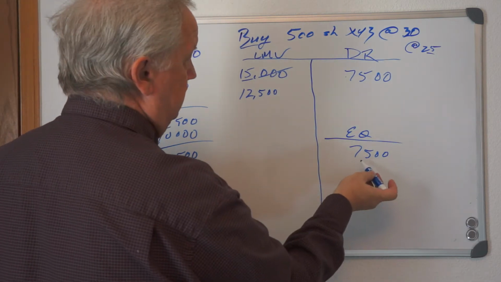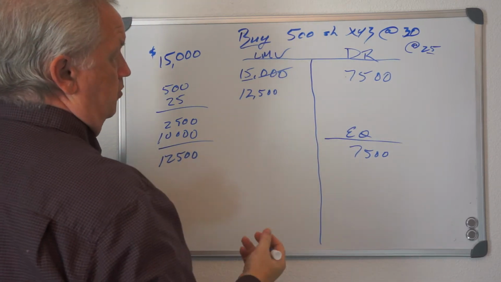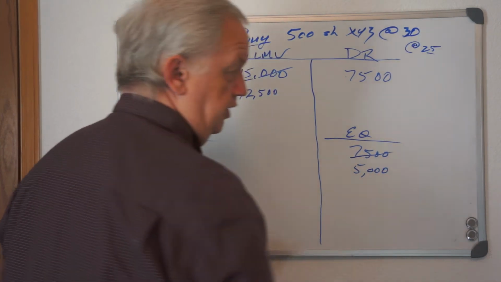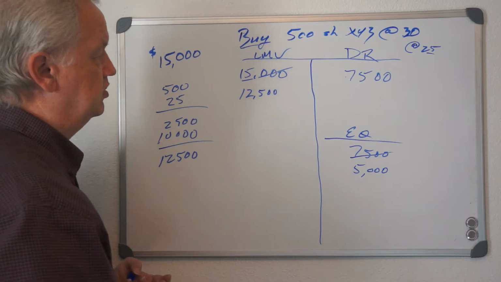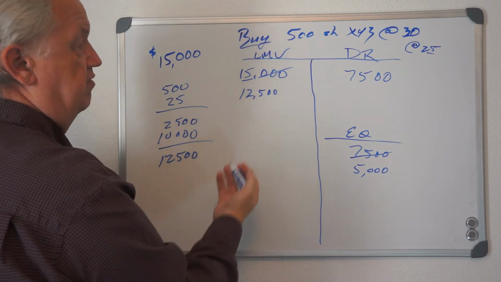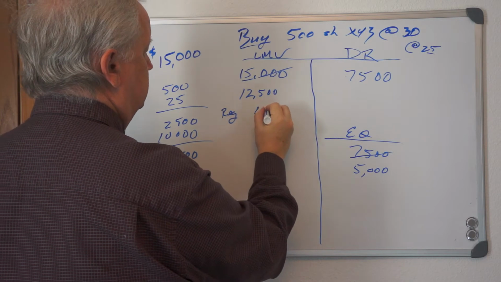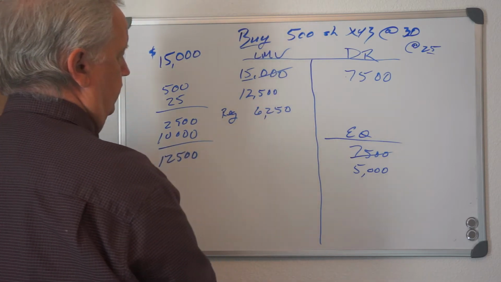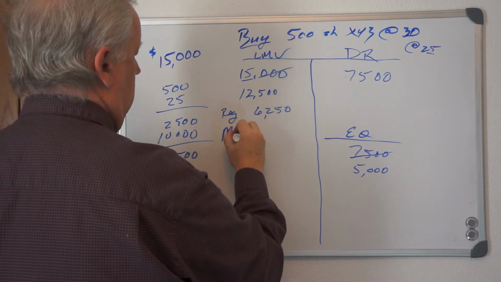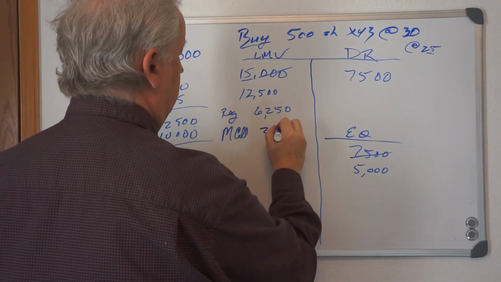So the equity is basically the long market value minus what is owed. How much does he have? Now he has 5,000 in equity. But what's the maintenance requirement? Is he okay? We have to take this in half to find Reg T. So Reg T is 6,250. A margin call would occur at 3,125.